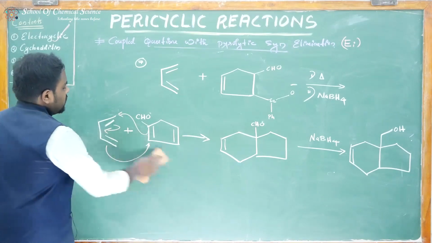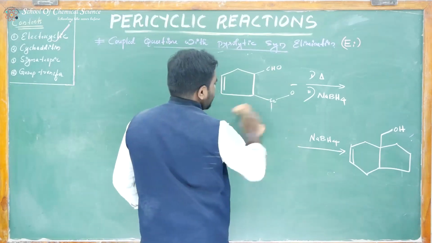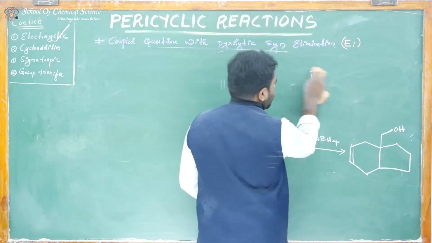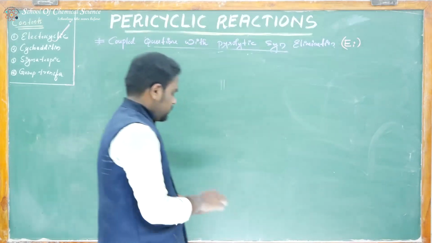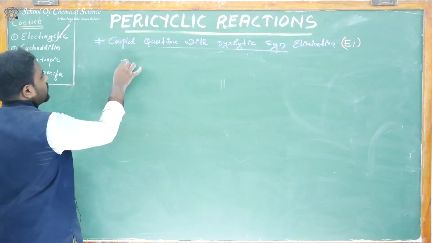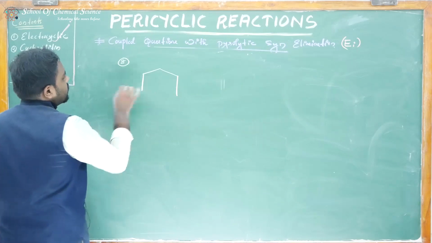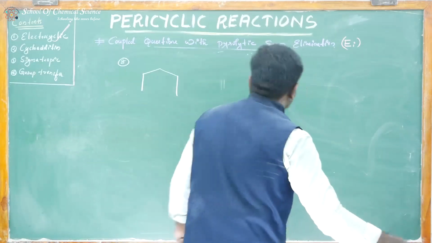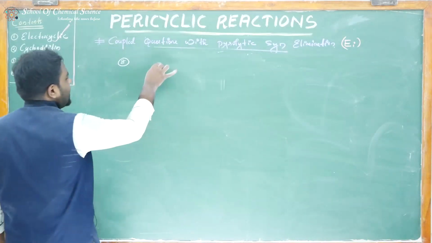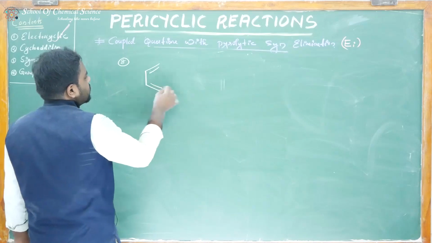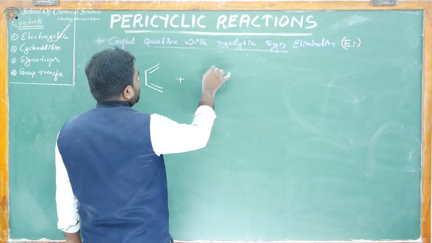So question number 8. A diene is there plus a dienophile.